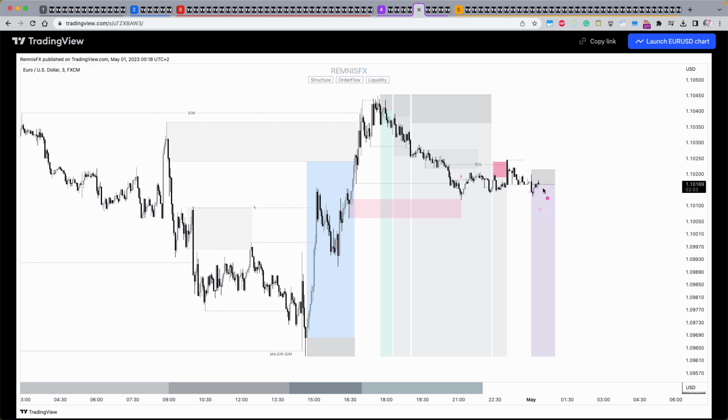Now price comes back to mitigate this one. Most of my mentees already know what kind of entry type that would have been. So at this point I placed an identical order to these two identical running positions.